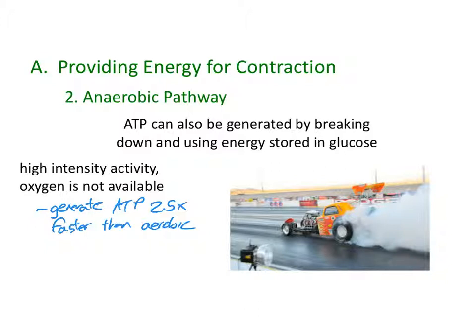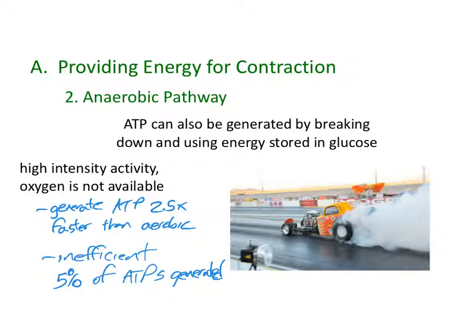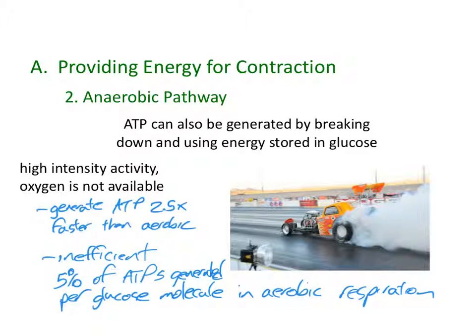But the disadvantage is that it only yields about 5% of the ATP generated per glucose molecule in aerobic respiration, so it's very inefficient. To illustrate this, I show a picture of a dragster, which is a car that can accelerate incredibly fast, but does not do it terribly efficiently.